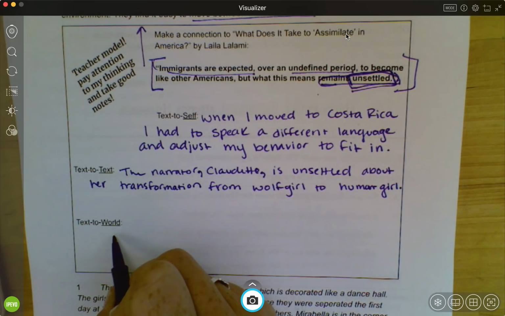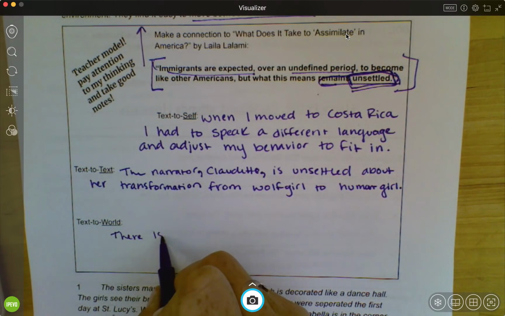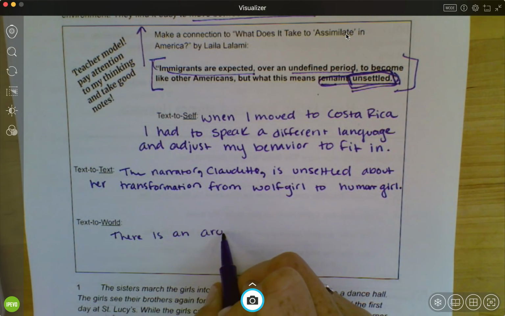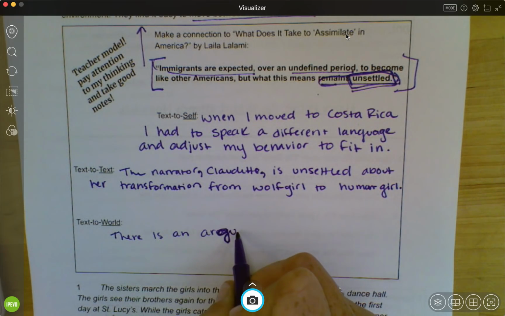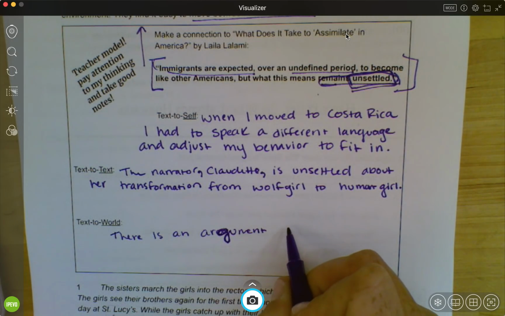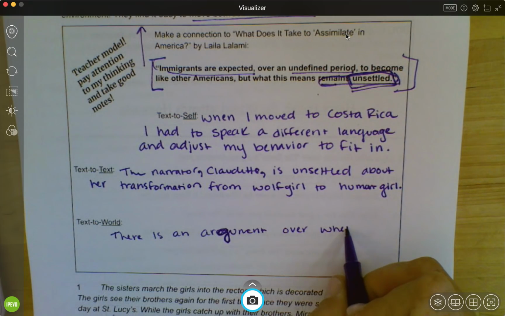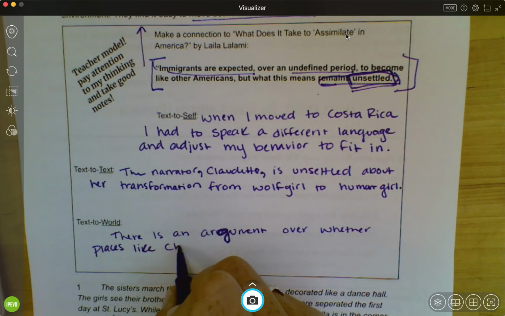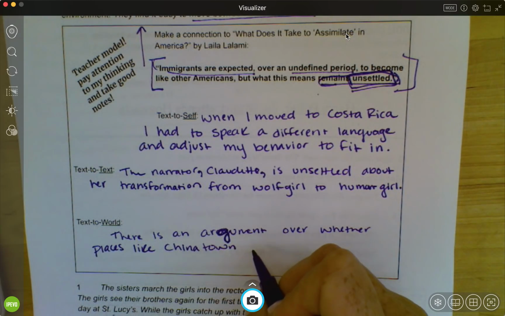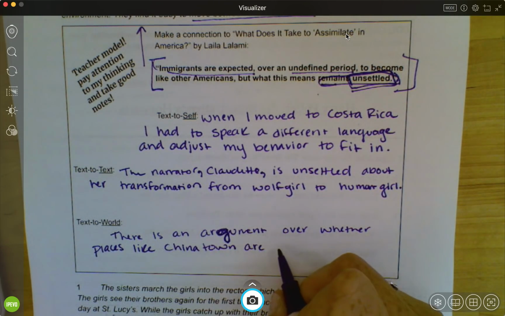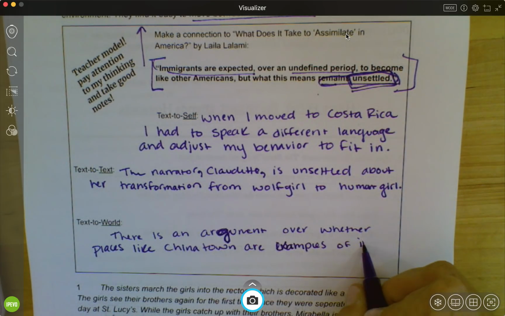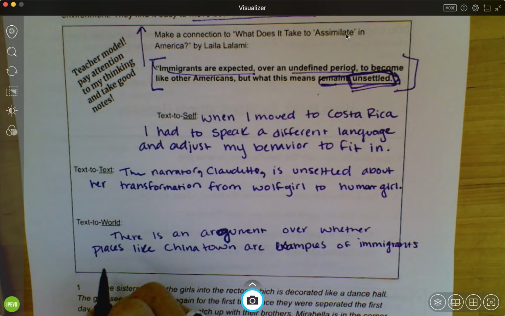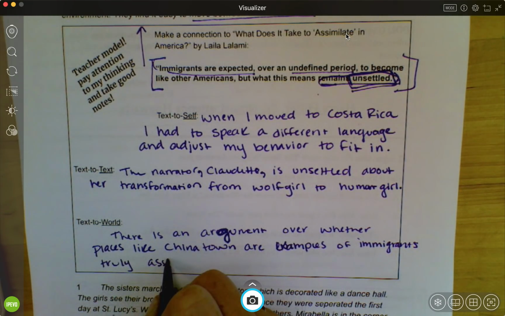All right, so there is an argument over whether places like Chinatown are, let's say, examples of immigrants truly assimilating.